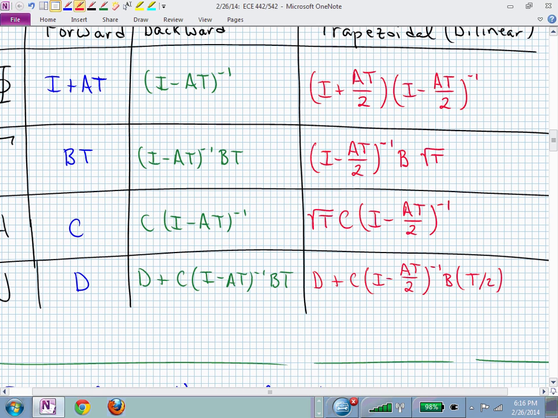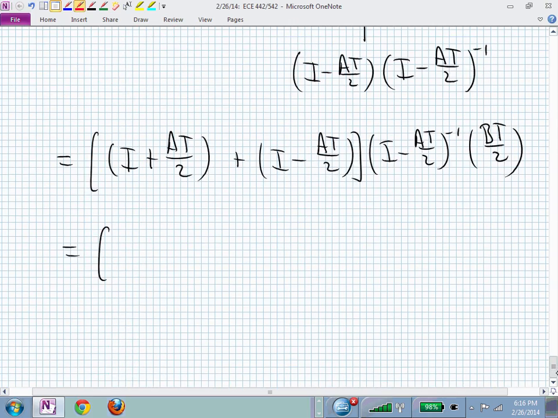That should just be B times the square root of T. I'll clean that up right now because I'm going to forget about it. Like I said, I don't want to forget things, right? All the way down here I have 2 times I.